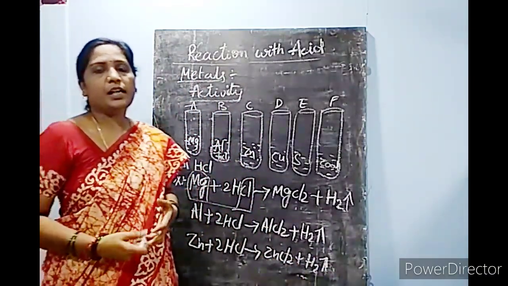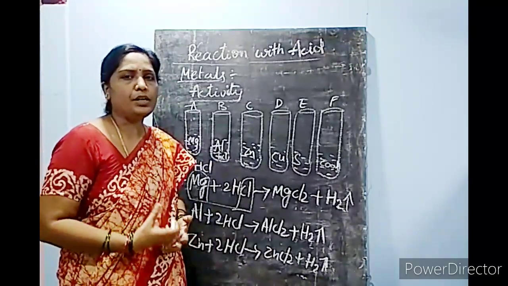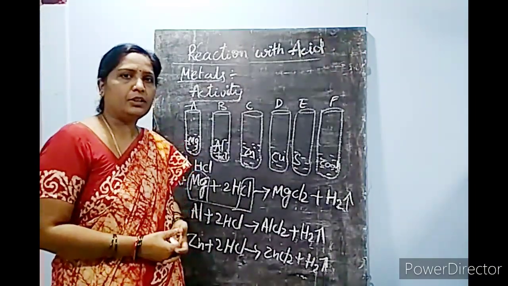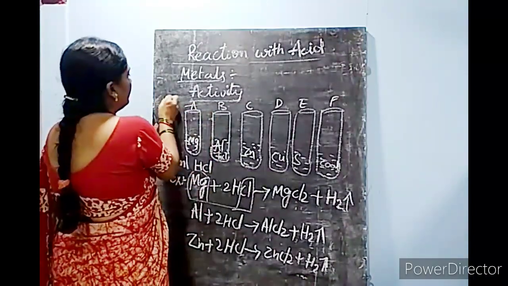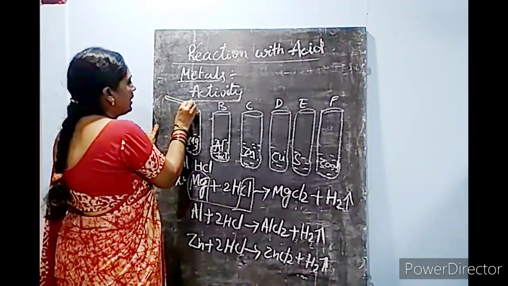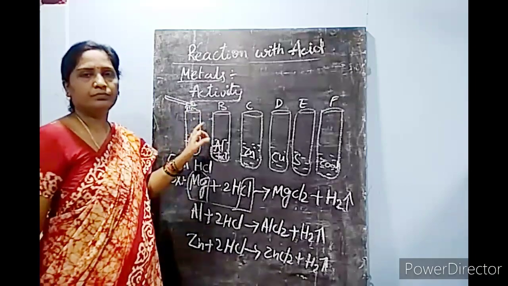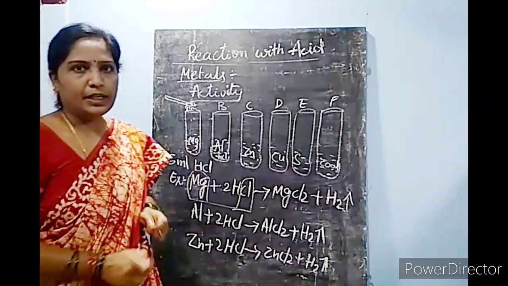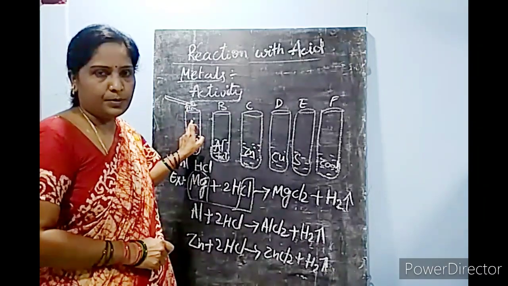How can we confirm that the released gas is hydrogen only? To conclude this, bring one burning matchstick near the mouth of the test tube. Light the matchstick and bring it near the mouth of the test tube.